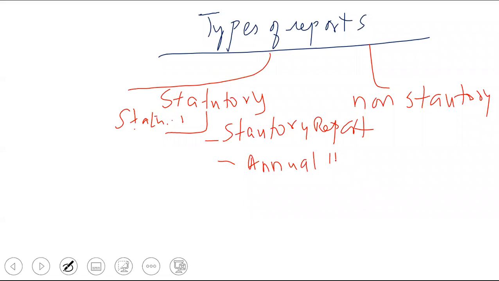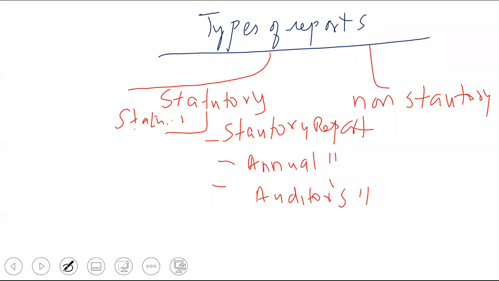Take down the points. Third is auditor's report. There are 3 statutory reports. First one is the statutory report itself, then annual report, then auditor's report. I am talking about the company's point of view.